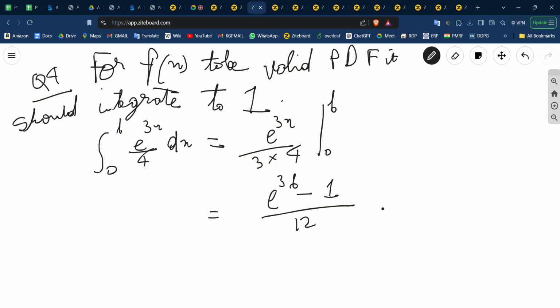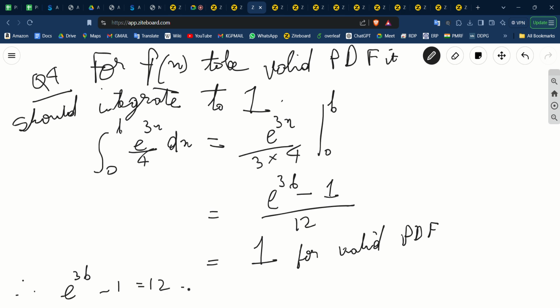Now what should this equal? This should equal 1, because it should be a valid PDF. So e to the power 3b minus 1, divided by 12, equals 1. Therefore e to the power 3b minus 1 is 12, which implies e to the power 3b is 13.